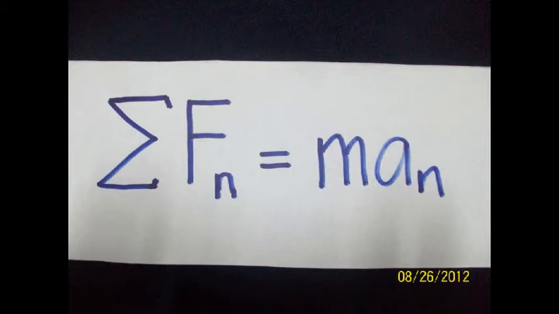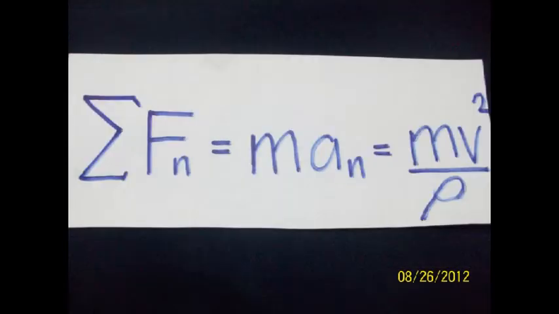And in solving this problem, we choose to set our positive direction to be the one pointing towards point C. So we now have summation of forces along n is equal to m a_n. And substituting our value of our acceleration, that is v squared over rho, we now have summation of forces along n is equal to mv squared over rho.